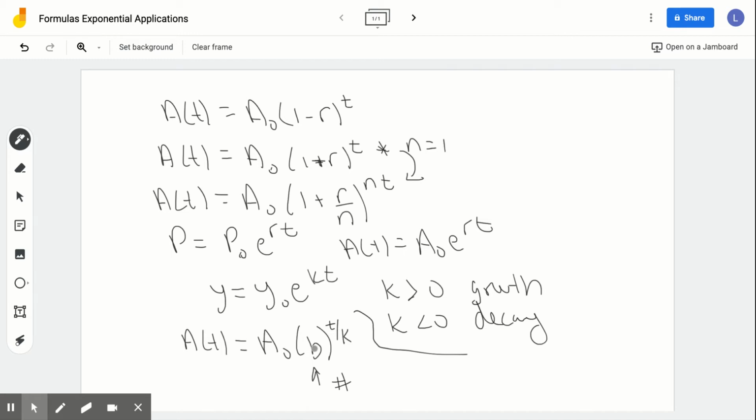If it's tripling, you have a 3. If it's a half-life, it's a half. And k is the time it takes to double or triple or halve. So if the half-life is 10 days, then k is 10. Or if it takes 6 hours for the population to triple, then k is 6. T is when you want to know the amount after 3 days or 2 years or whatever. But k is the time it takes to double, triple, halve, and that sort of thing.